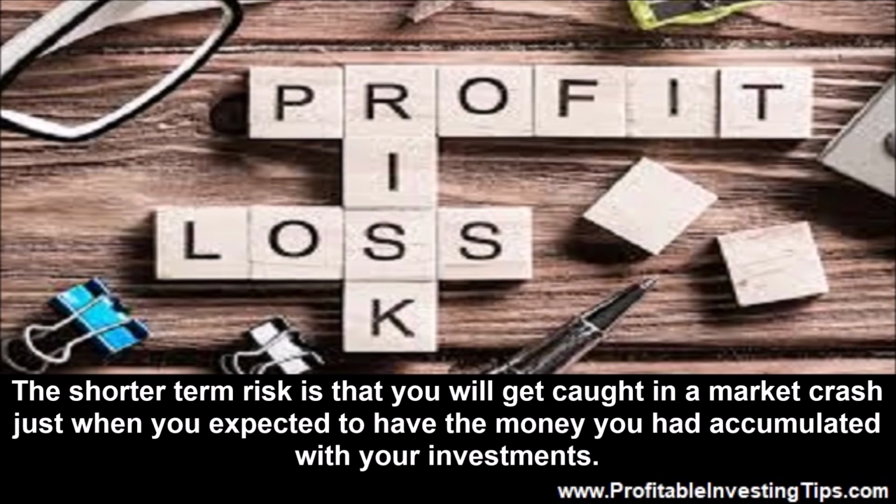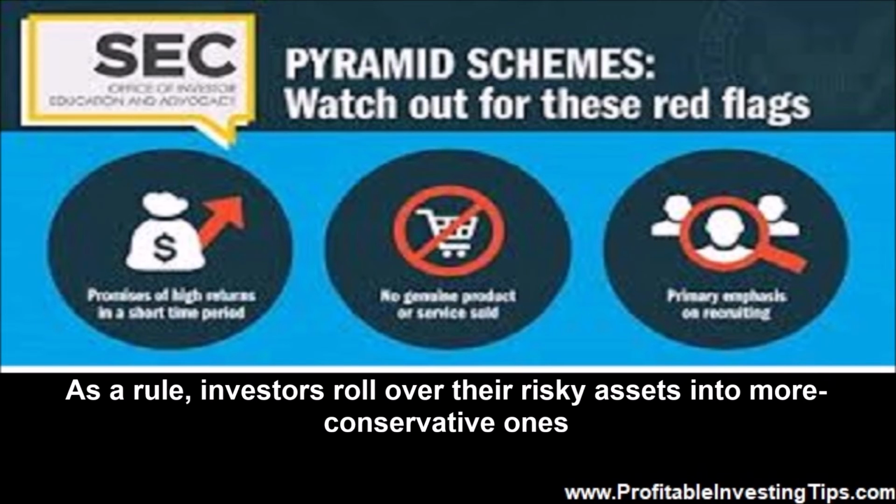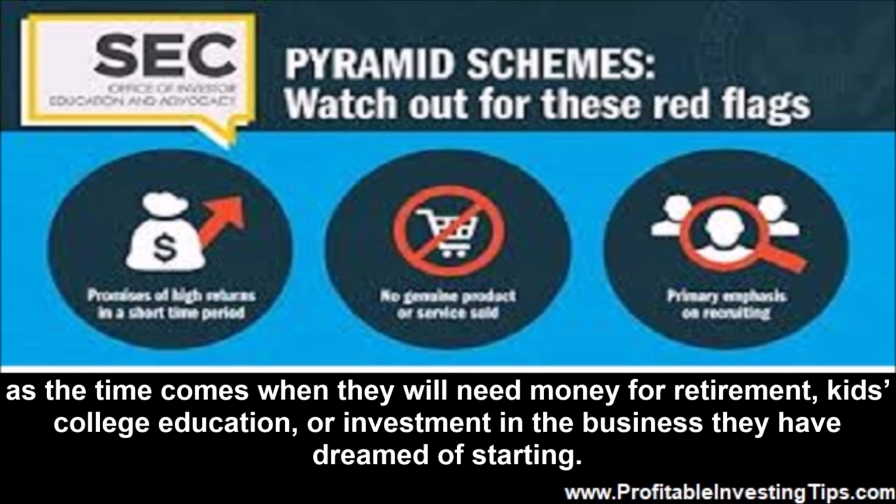The shorter-term risk is that you will get caught in a market crash just when you expected to have the money you had accumulated with your investments. As a rule, investors roll over their risky assets into more conservative ones as the time comes when they will need money for retirement, kids' college education, or investment in the business they have dreamed of starting.